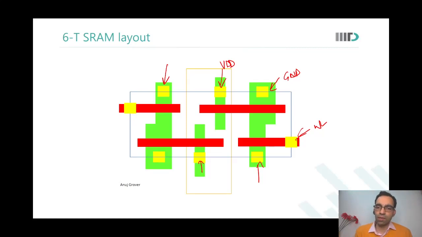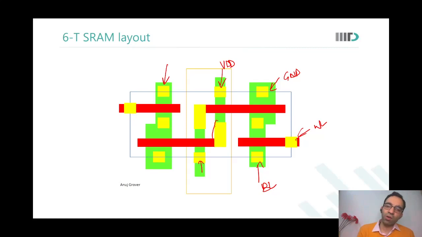And let me also put bit line over here. What is this one? So VX. What is the name of the node? Vx is the voltage we were talking about. It is one of the two internal nodes. Now, this is also the same node.